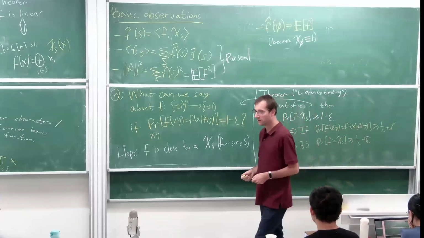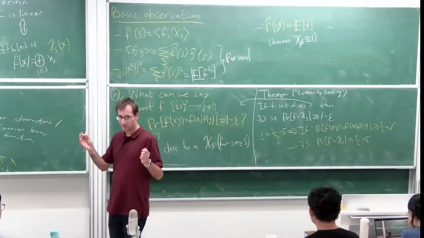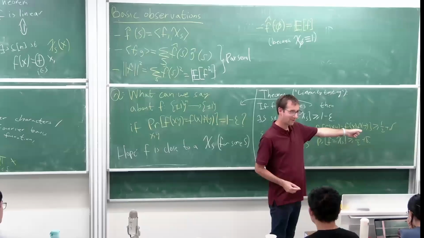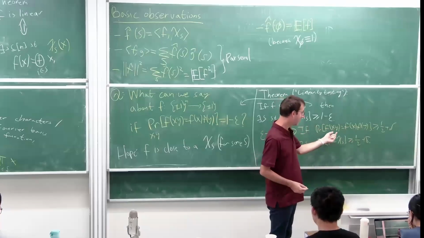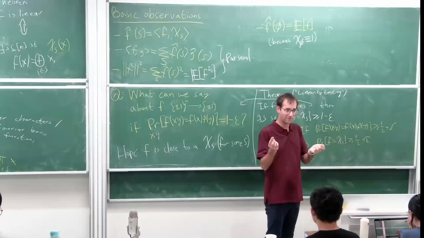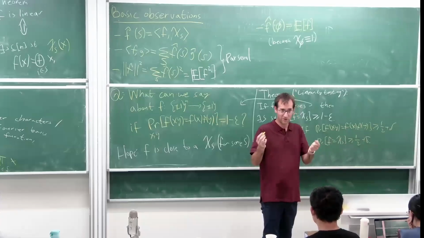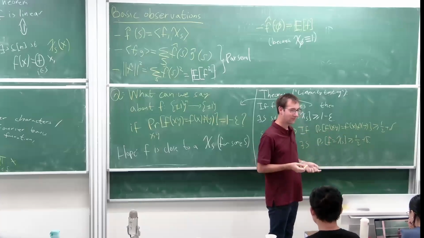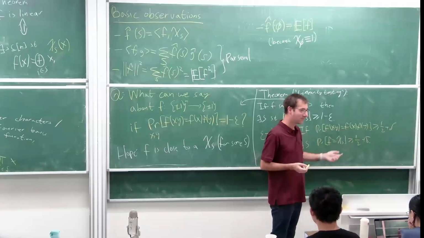Okay, so what's going on here? If you take f to be a random function, then the probability that f of xy is equal to f of x f of y will be very close to a half. This is because when you multiply two random x and y, you get another random element of the cube for this product distribution. So this probability will be very, very close to a half.